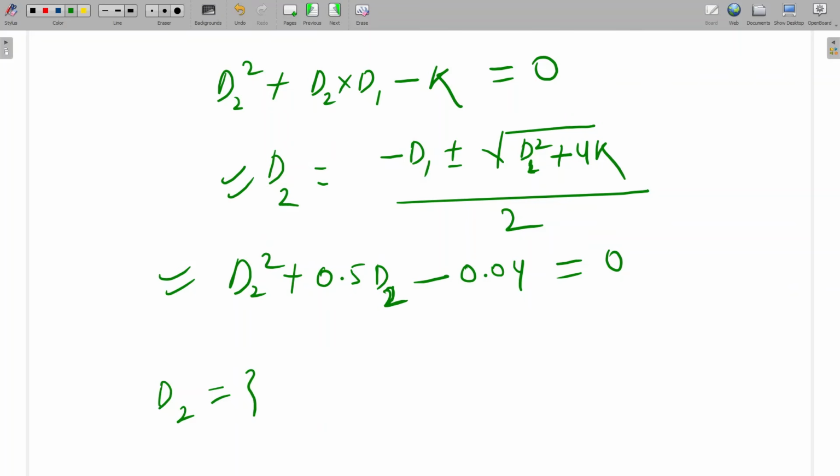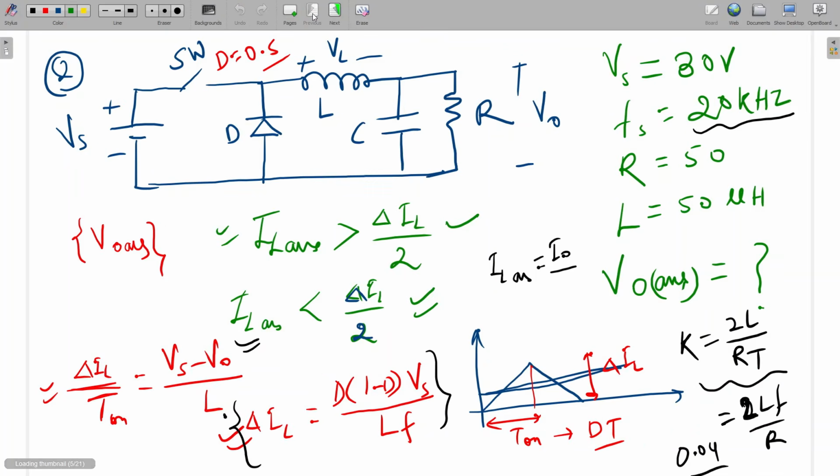I am also calculating. So 0.07, sir. D2 will be 0.07. Okay, wait. Once again we will calculate the k value. K is equal to 2L by RTs. So 2 into L into f by R. L how much? 50 micro. 50 micro or 50 milli? If we put milli here, what will be the answer?